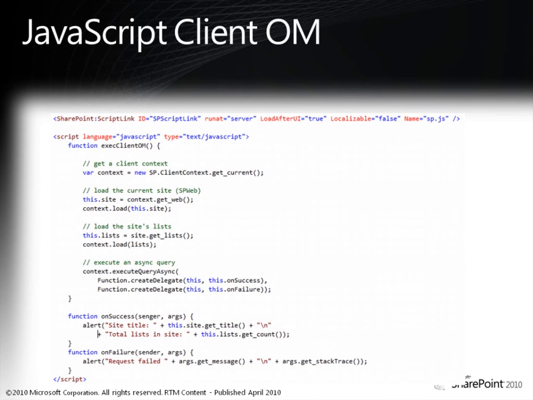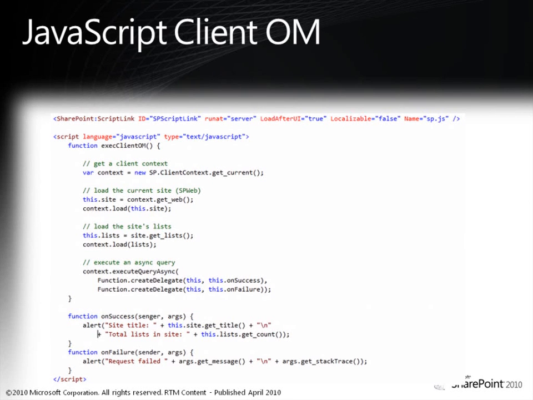This is an example usage of the JavaScript client object model, which also demonstrates the differences in the data value types. Similar to other client object models, we'll first need to establish context. The following step is to identify which objects we are interested in using the load method in the client context object. Actual execution of the request operation happens asynchronously by calling the execute query async method available from the client context.